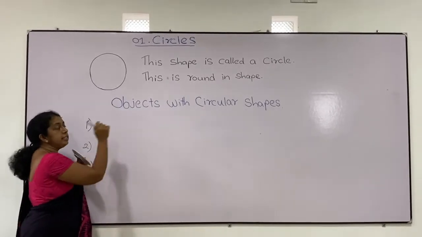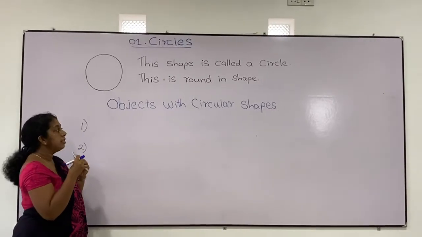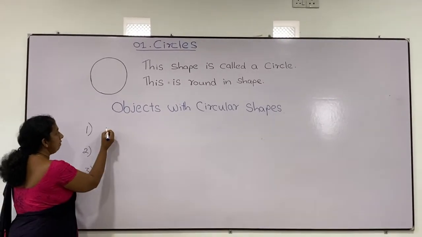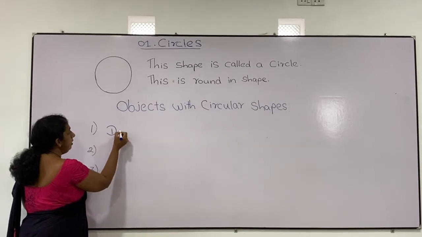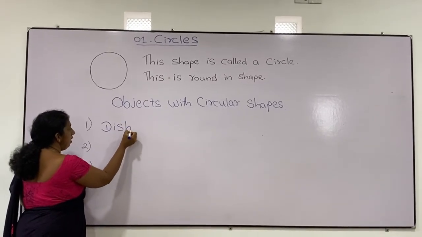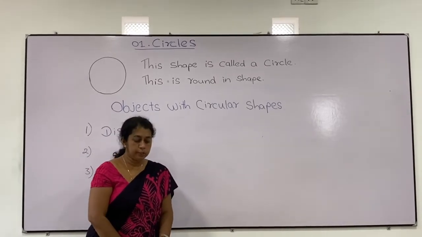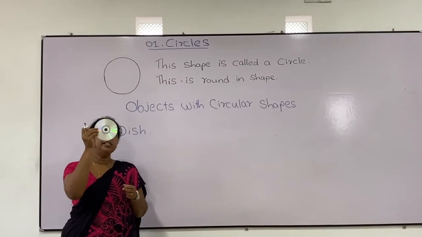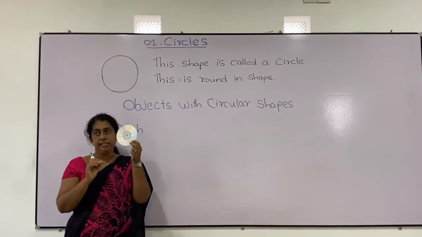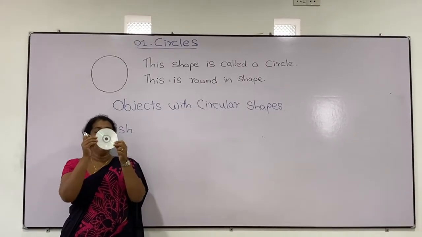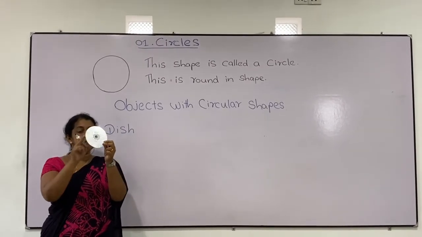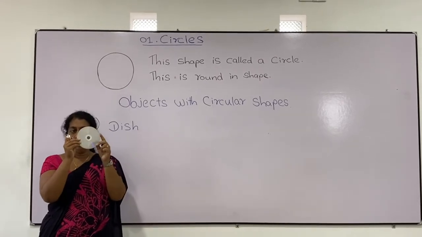So, this is an object with circular shape. So, I can write one is a dish. Then, what about this one? You have seen this also. This is a CD. You can see this is also round in shape.